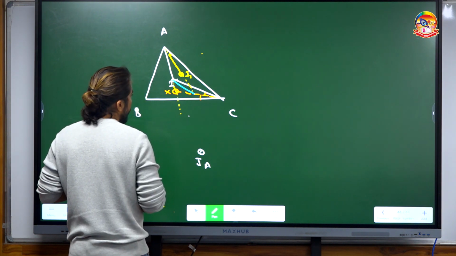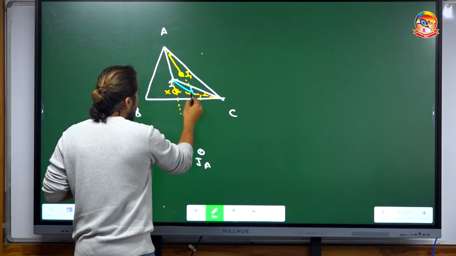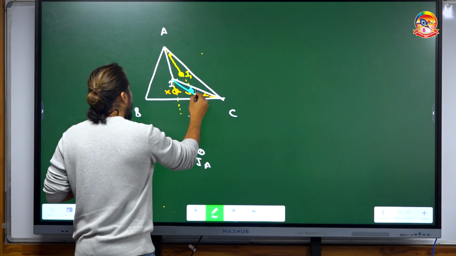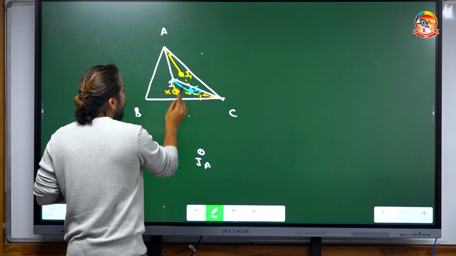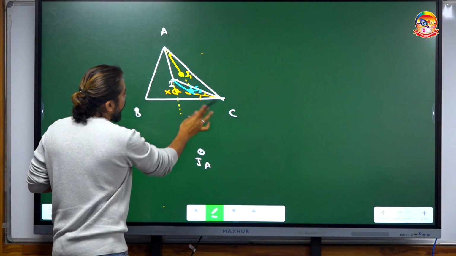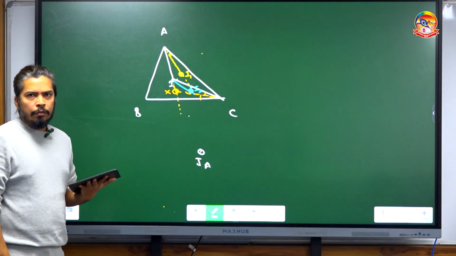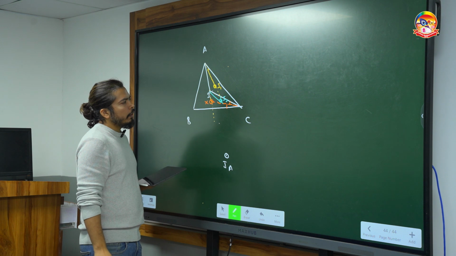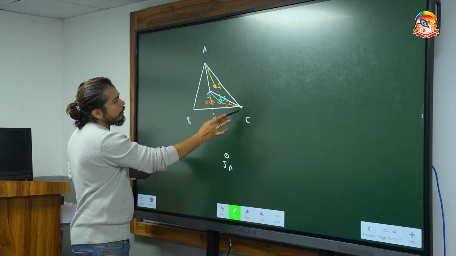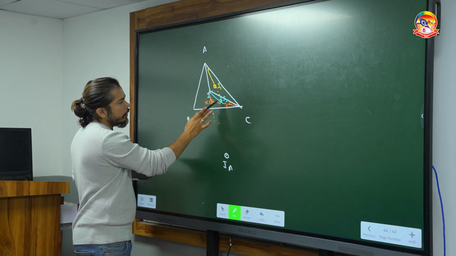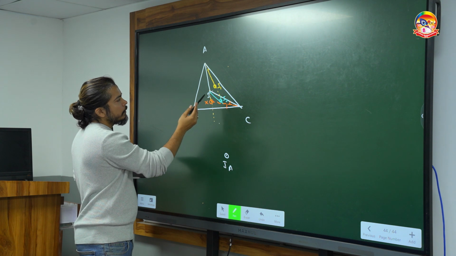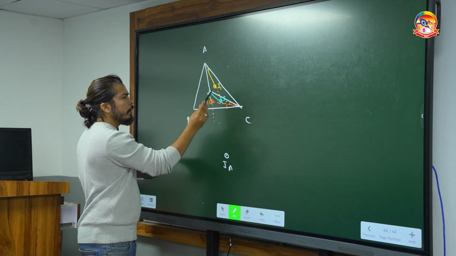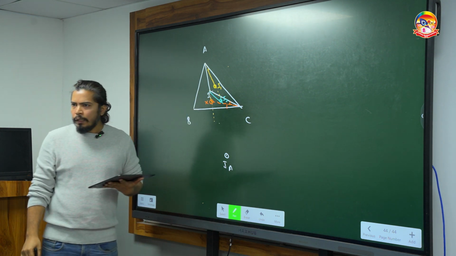Wherever they intersect, say that point is I2, will form the excenter of AIC. So I1 is the incenter, I2 is the excenter of AIC. Using that, we have that I1, C, I2 is concyclic.